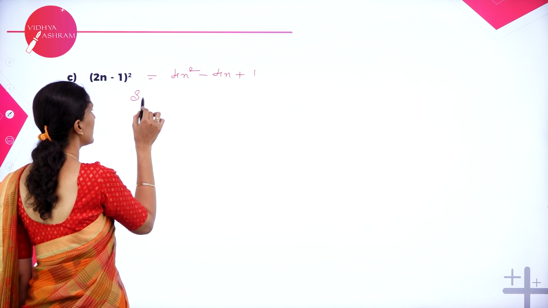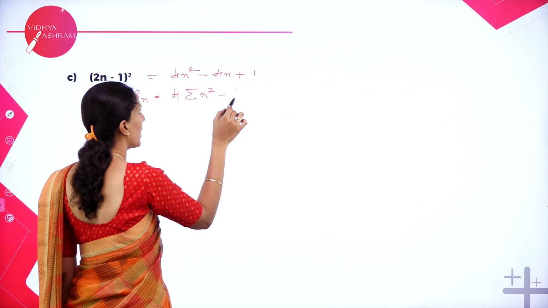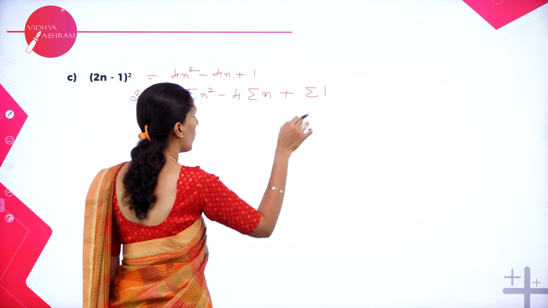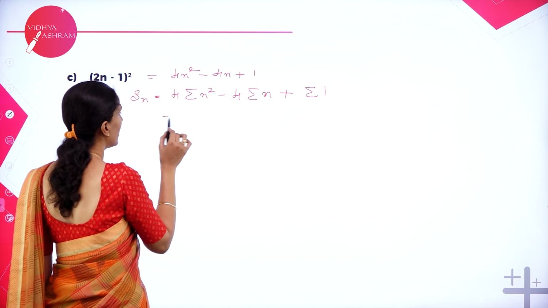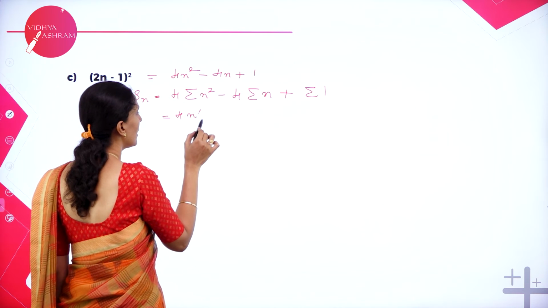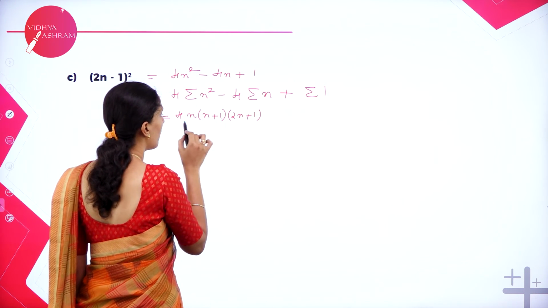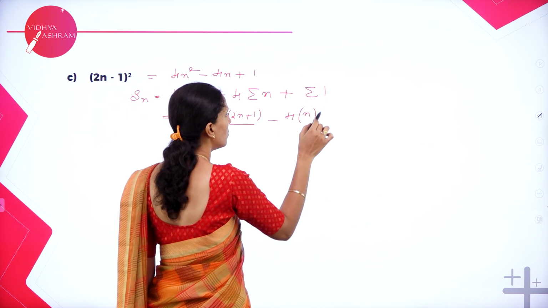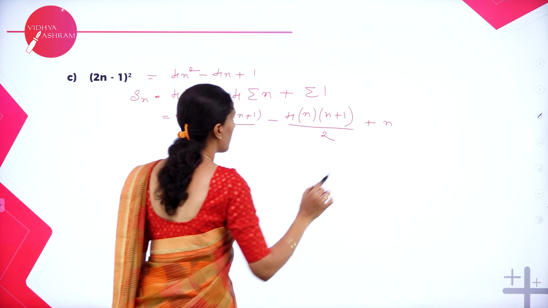This is Sn is equal to 4 summation n square minus 4 summation n plus summation 1. So 1 n times becomes n. So it is 4 into n plus 1, 2n plus 1 divided by 6 minus 4 into n plus 1 divided by 2 plus n.